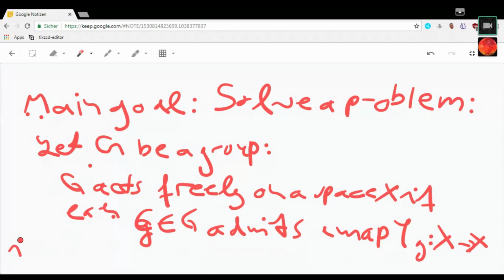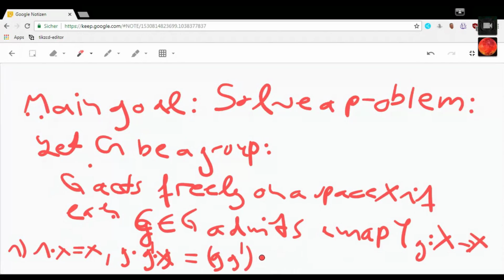The first property is that the neutral element, I'm going to write it as 1, times X is always just X. And we have G times some other element, H, of X is just we multiply the group elements together, and this is just an action.